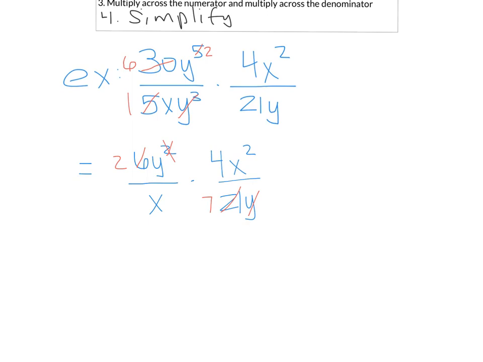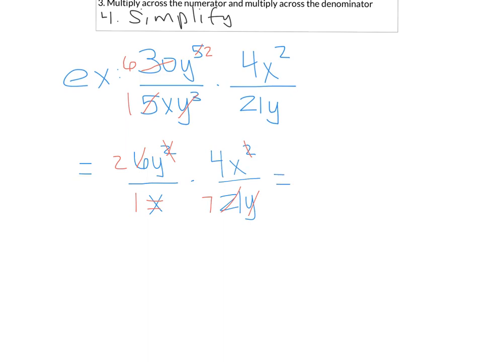Now, looking at the x in the denominator of the first rational expression, that is going to cancel with one of the x's in the numerator of the other rational expression. And in the denominator, it's going to leave a factor of 1. We've done all the canceling that we can, so now we multiply across the numerator.